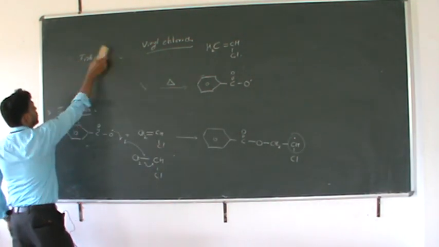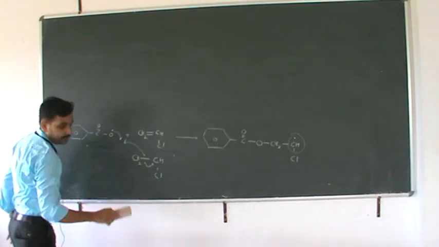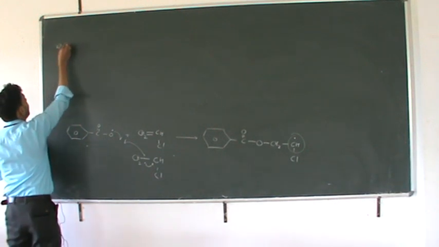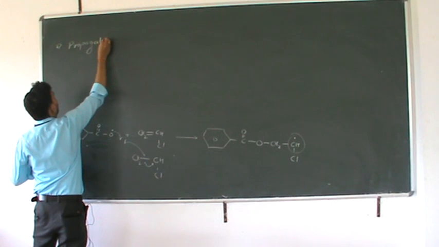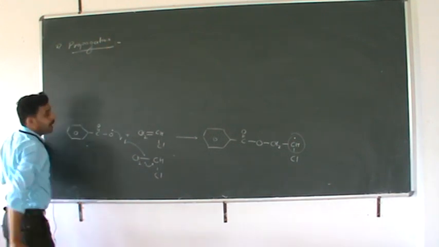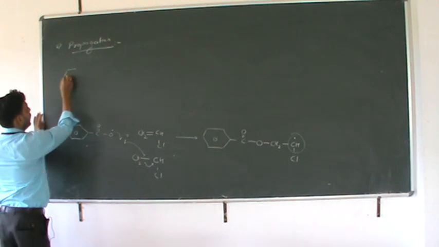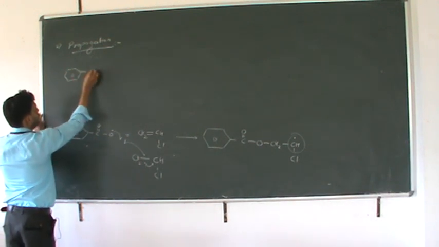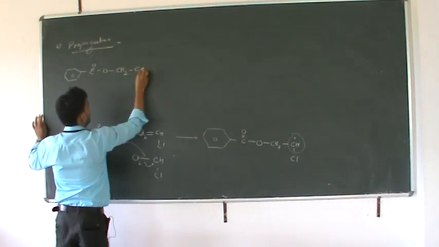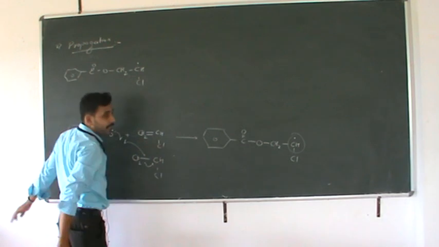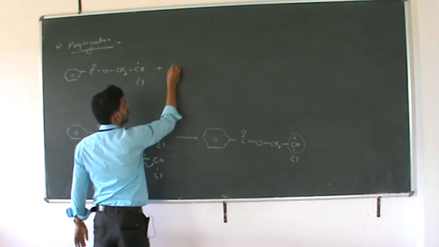So next comes the propagation. Propagation is the continued part of the free radical initiation step. In the initiation reaction, C double bond O, CH2 CHCl, generates a radical site at the end of the monomer, which is always an active species.